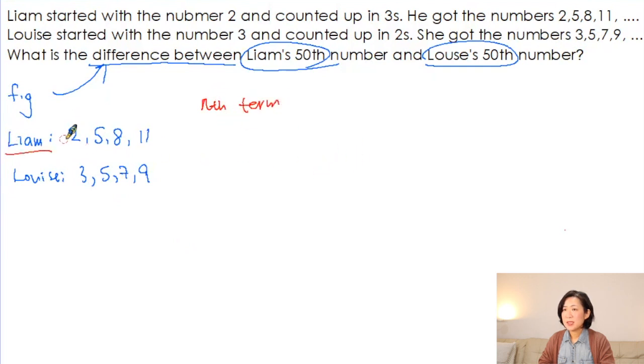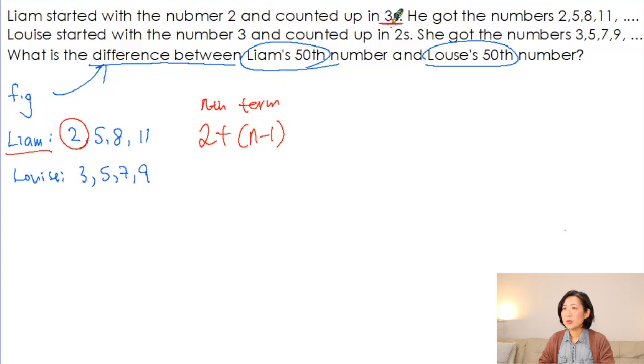So let's see the difference. Oh, Liam's one increases by 3, right? Can you see the common difference? That is a 3. So whenever you've got a linear number sequence, add the first number, then n minus 1 times the common difference.